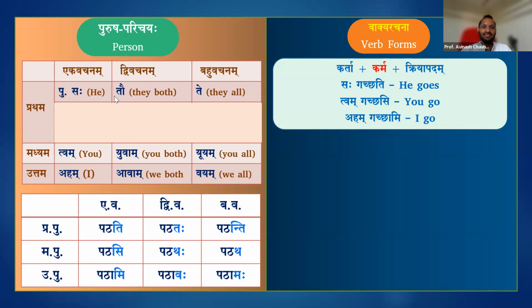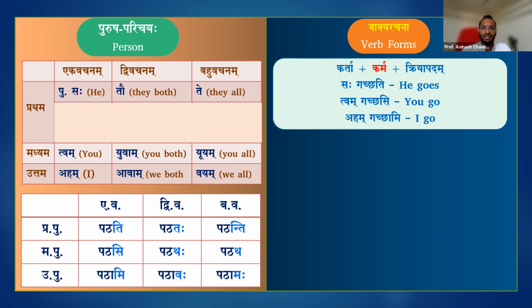So make a sentence by using saha, tau, te, tvam, yuvam, yuyam, and aham, avam, vayam. Let's see some sentences. Saha gacchati means what? He goes. Tvam gacchasi means you go. And aham gacchami means I go.